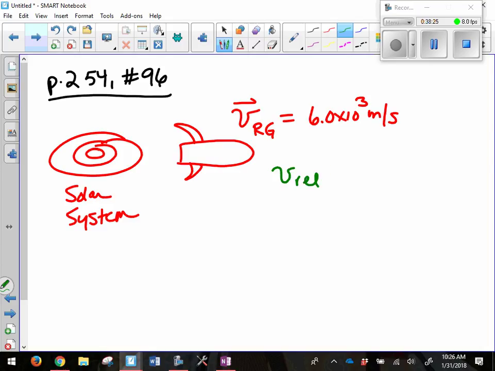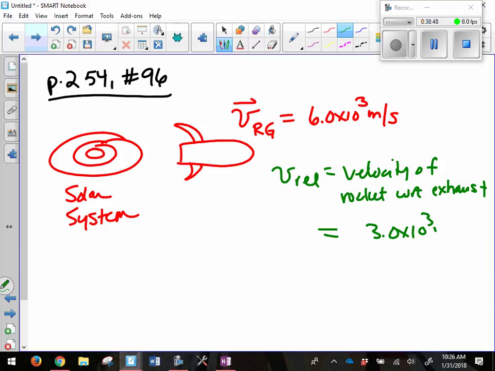V rel, if you look back in your notes, is the velocity of the rocket with respect to the exhaust. And what do they actually give you? What is that 3.0 times 10 to the 3rd meters per second? What is that measured?